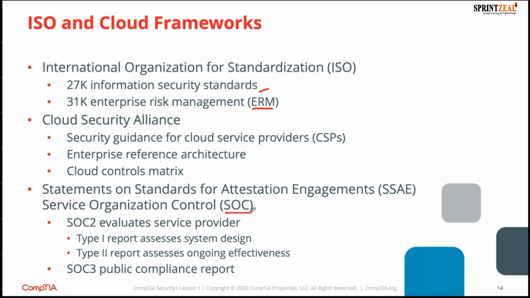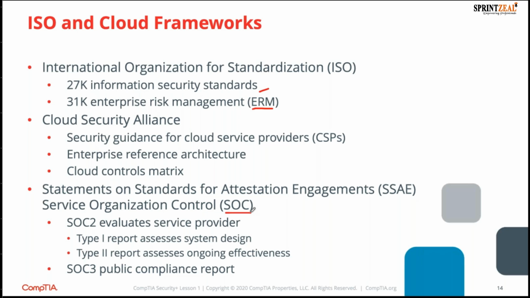Within SSAE, there are two types of reporting, SOC 2 and SOC 3. A SOC 2 report evaluates the internal controls implemented by the service provider to ensure compliance with the trust service criteria. In SOC 2 itself, there are two types of report, Type 1 and Type 2.